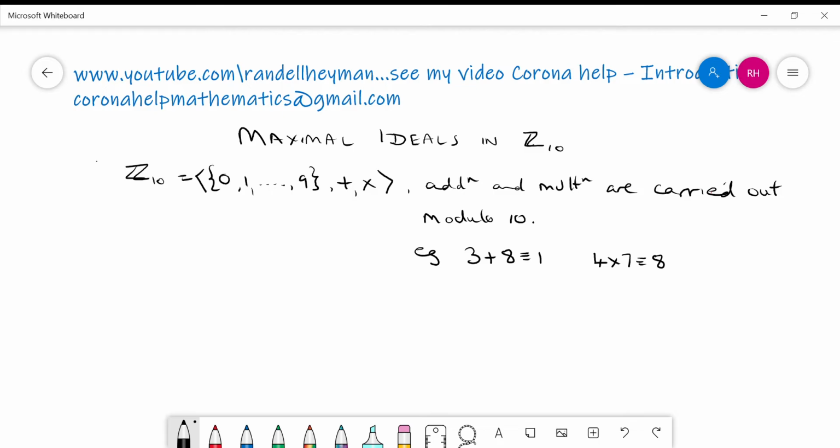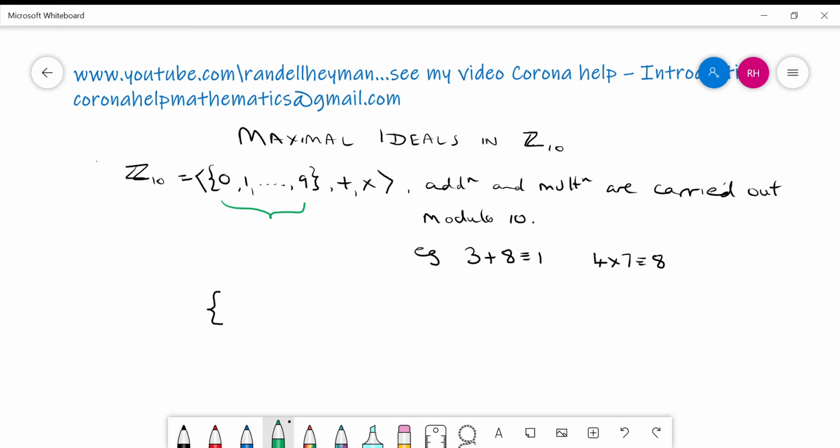Now, the first thing I would suggest here is let's try and just find an ideal, let alone a maximal ideal. So what's the concept of an ideal? Remember what we do with an ideal. We have to find some set that when we multiply it by every element here, well, we stay in this set down here. So I'll give you an example.